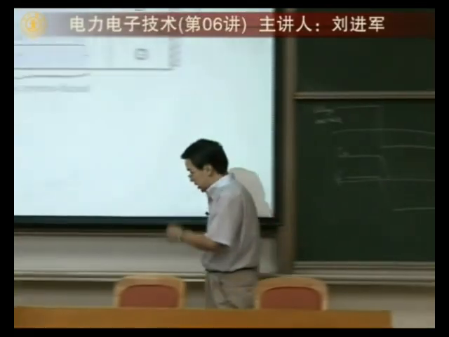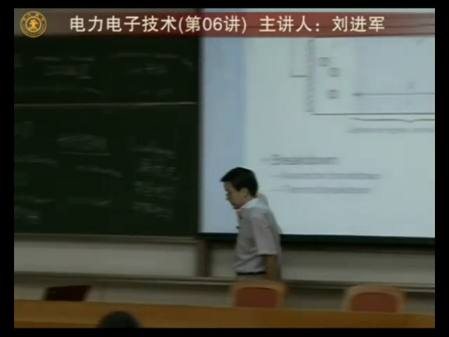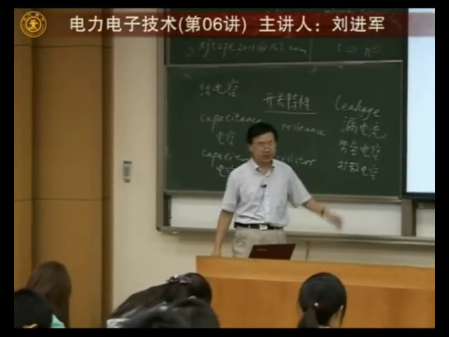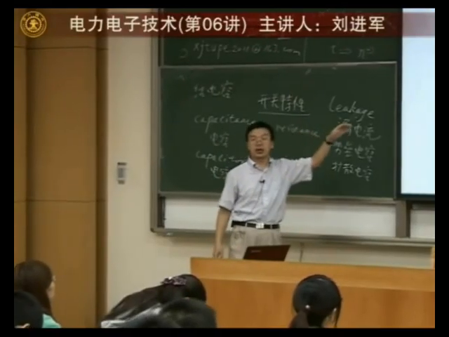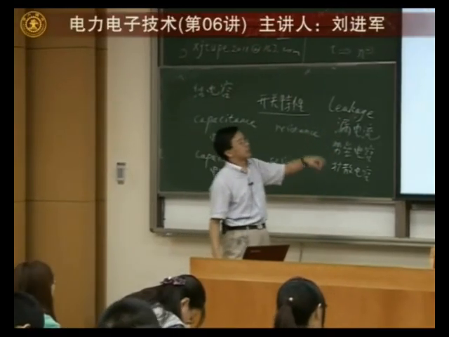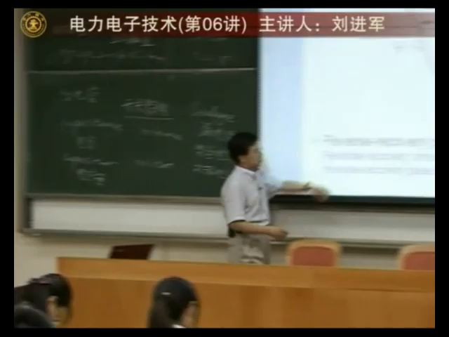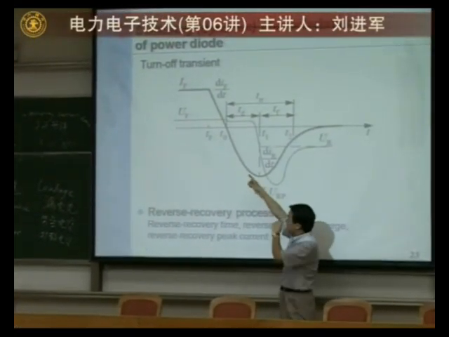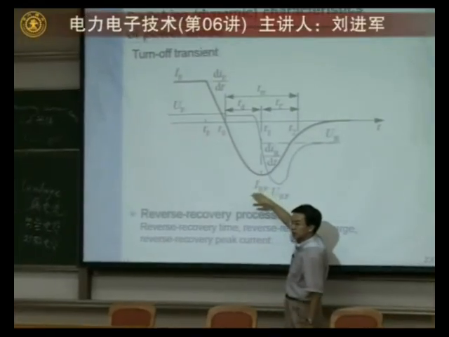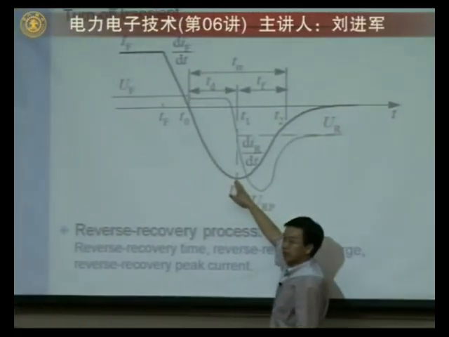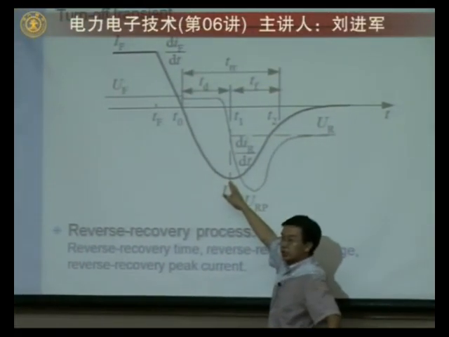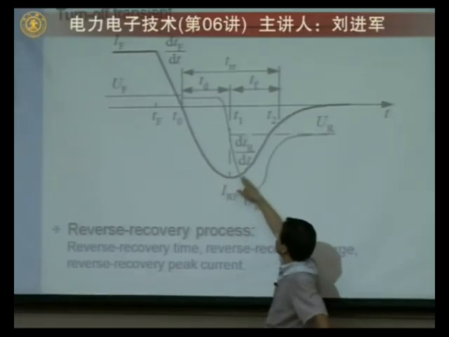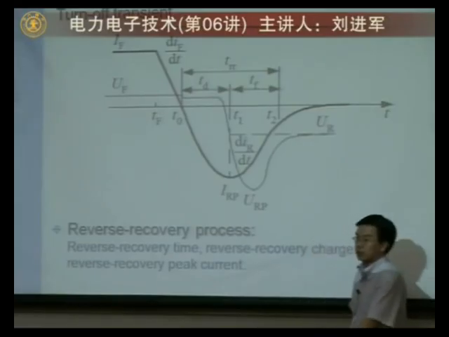So the actual process when the diode changes from conducting in the forward direction to the reverse direction is like this. This bold line here is the current. It decreases to 0 and then increases in the reverse direction. Then when the intrinsic region recovers the ability to block voltage, this current decreases back to 0.